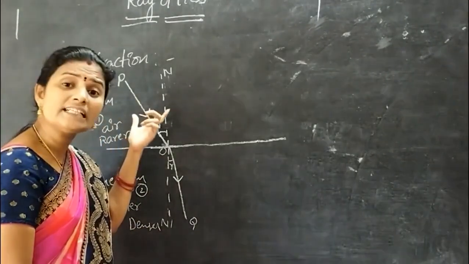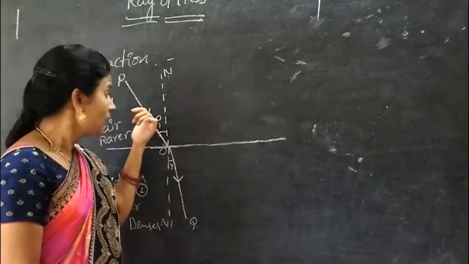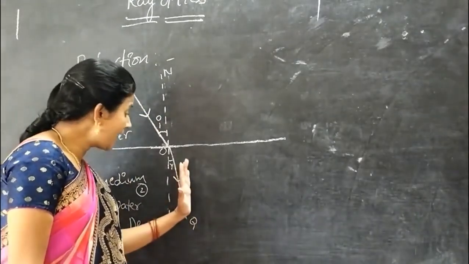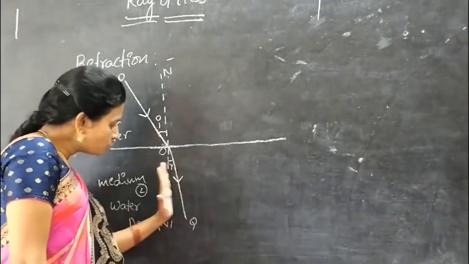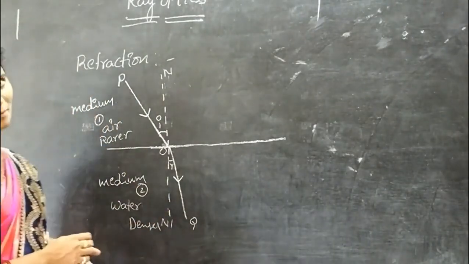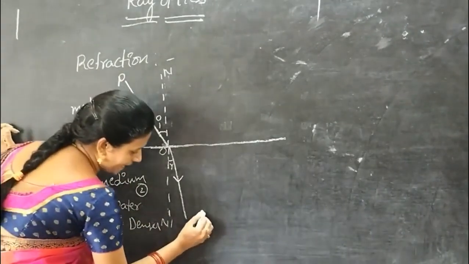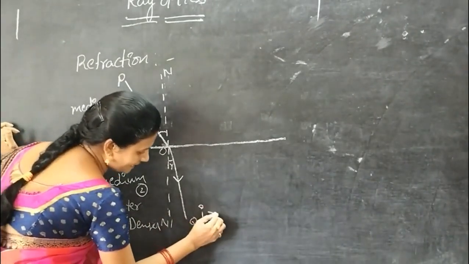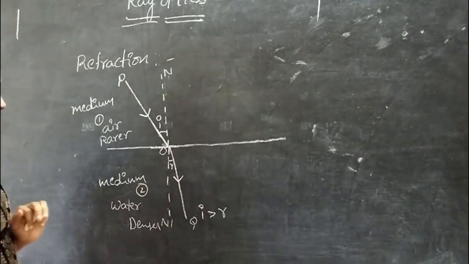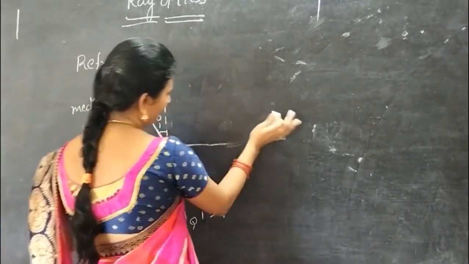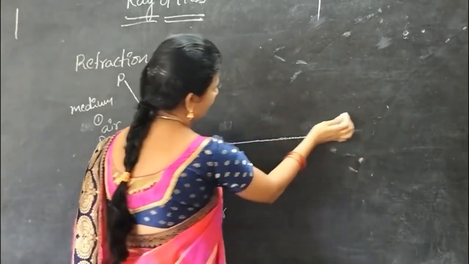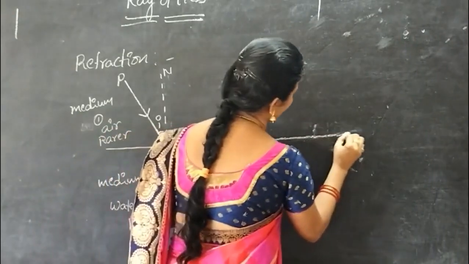Whenever the light ray travels from rarer medium to denser medium, the light ray moves towards the normal. That's why in this case, the angle of incidence is greater than the angle of refraction. Suppose the light ray travels from denser medium to rarer medium, what will happen?